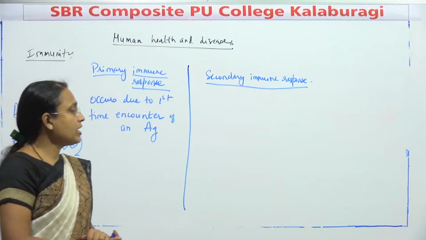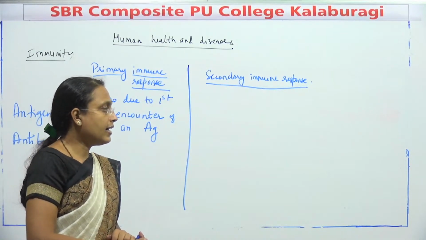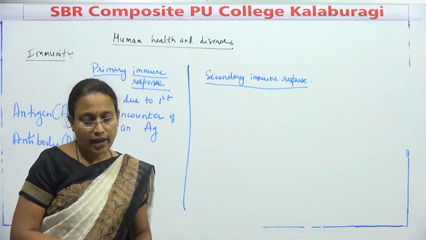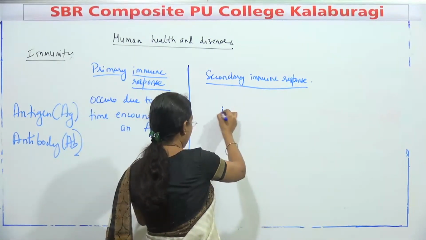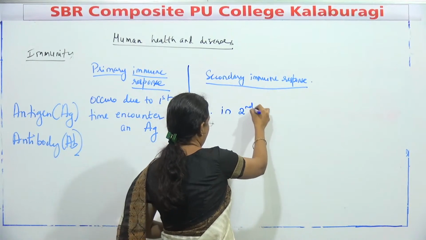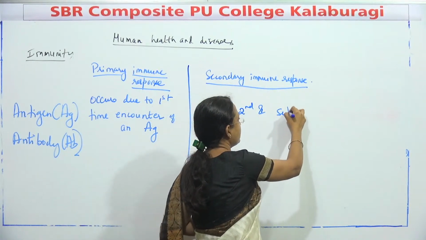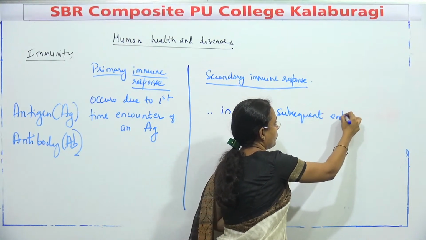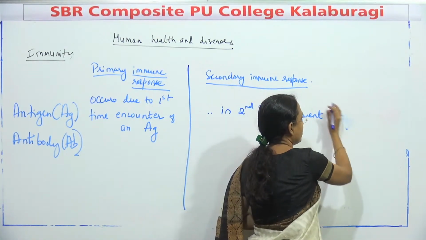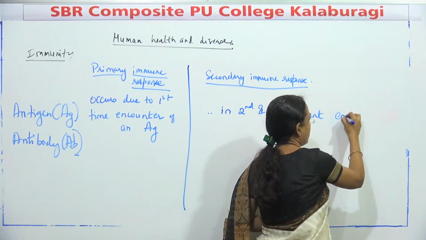Now, how about the secondary immune response? It will be from the second and subsequent encounters. Here, entry can also be called encounter.